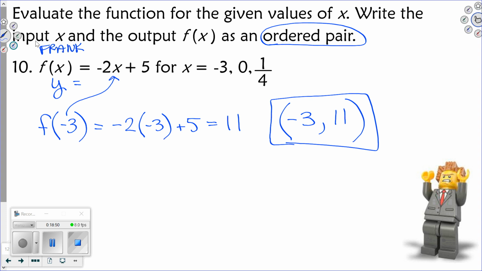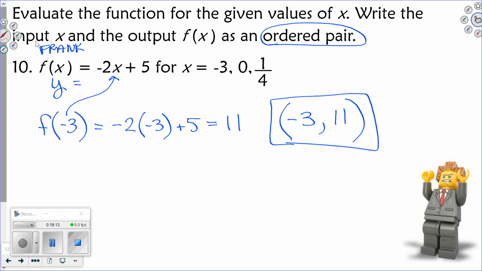If I plug in a -3 again, what would I get? It's a function. It's a machine. My machine works. Every time I plug a -3 into that equation, I'm always going to get 11 no matter what. That is a function.